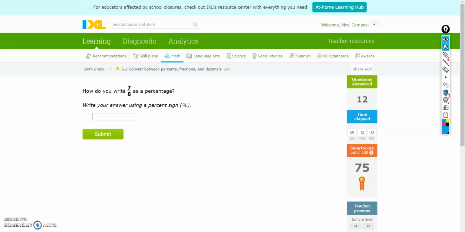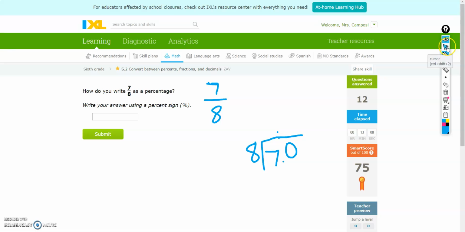How do you write 7/8 as a percentage? So here, it's going to be a little more difficult to make 7/8 have a 100 or a 10 on the bottom. So you would want to do 7 divided by 8. 8 can't go into 7, so you add that 0. 8 goes into 70.